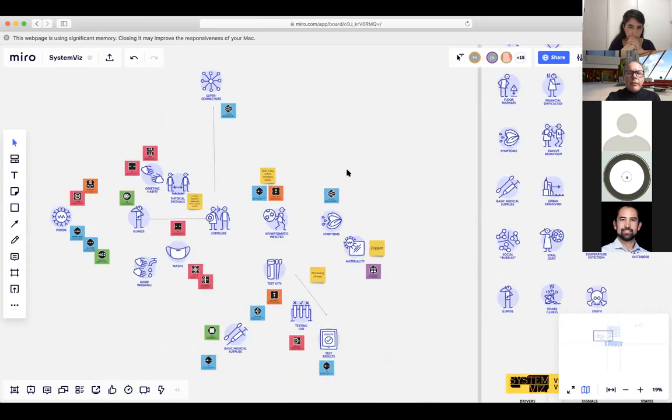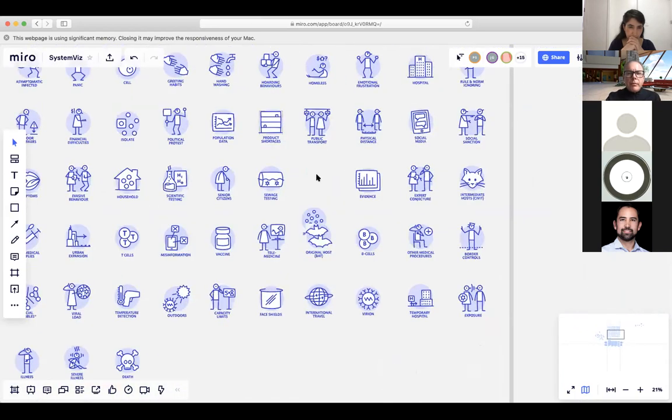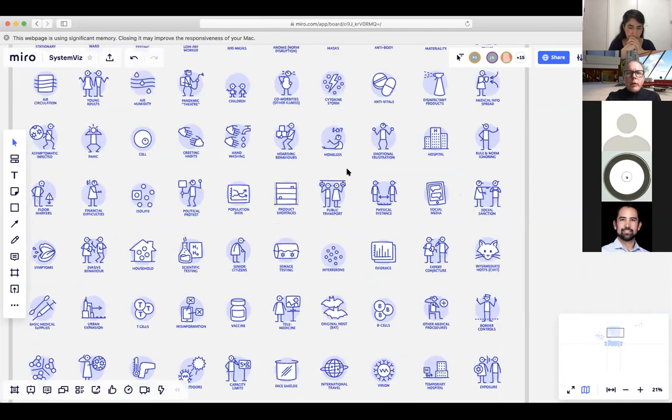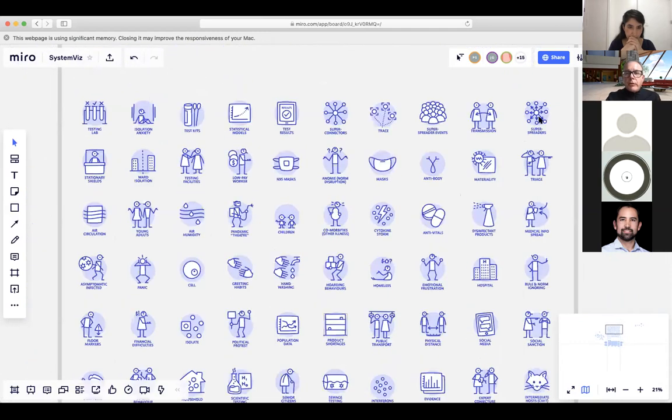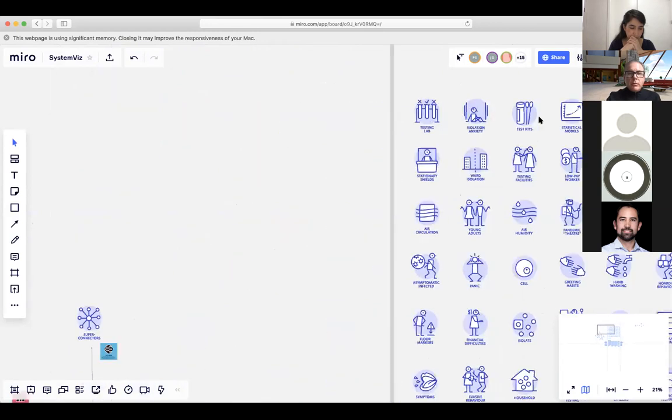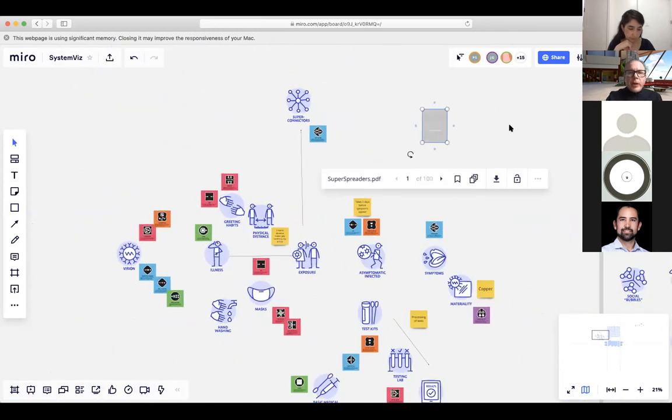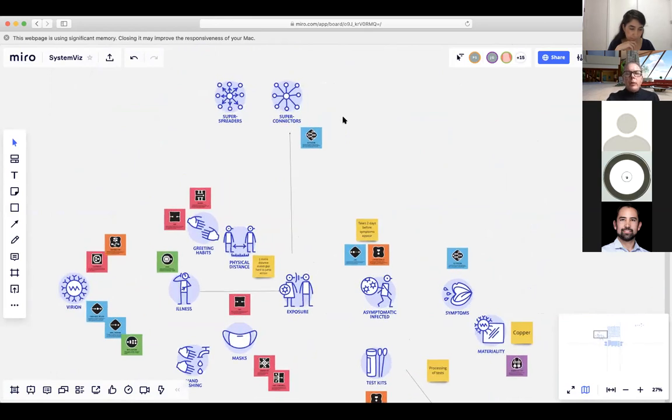We also have what are called super spreaders. Right? And super spreaders are people who physically are able to convey large loads of virus to another person. Right?